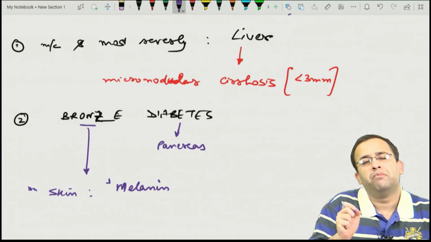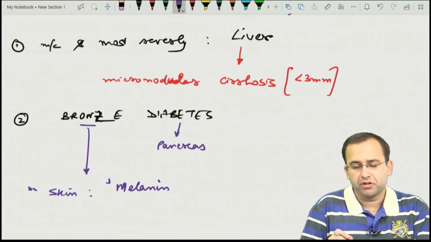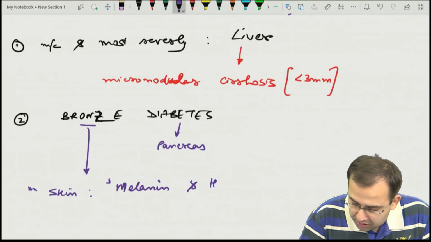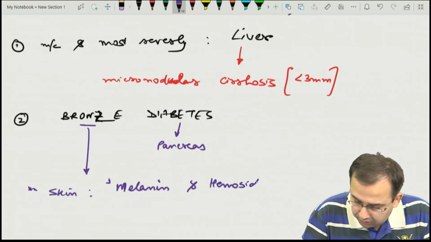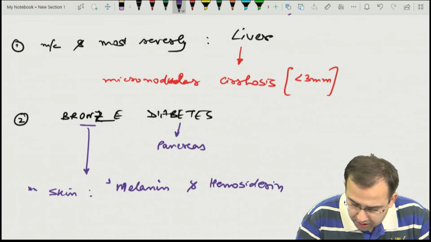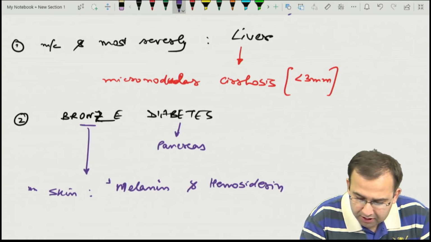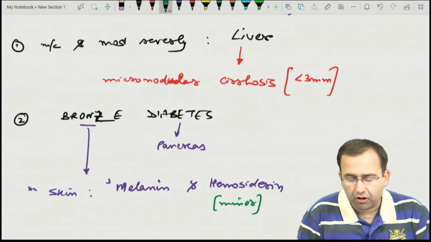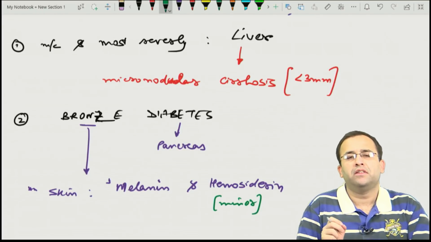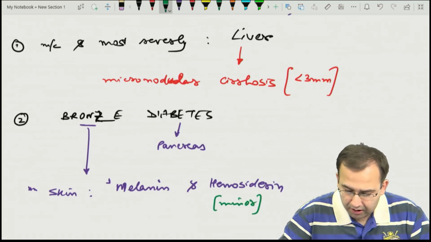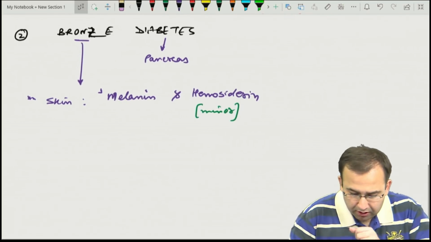The main pigment that is getting deposited in hemochromatosis is melanin and hemosiderin. So both are getting deposited, but hemosiderin deposition is a minor component. The main pigment getting deposited in the skin is melanin. Next point.